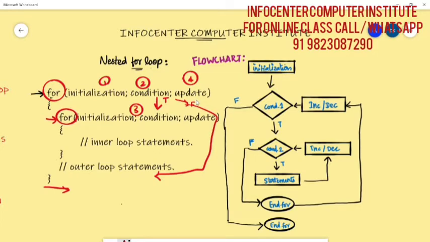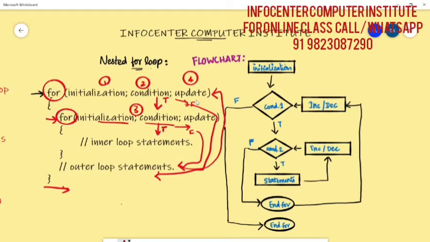And after entering the inner loop, again initialization will happen, then the condition will be tested. If the condition is true, then the inner loop will be executed. If the condition is false, then it will check whether the outer loop has any other statements. If it has, then it will execute that, else it will go to the updation part of the outer for loop.